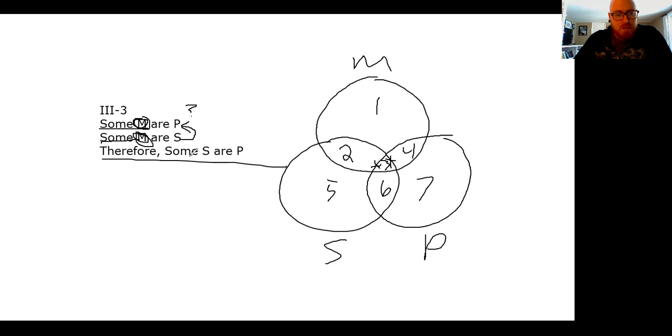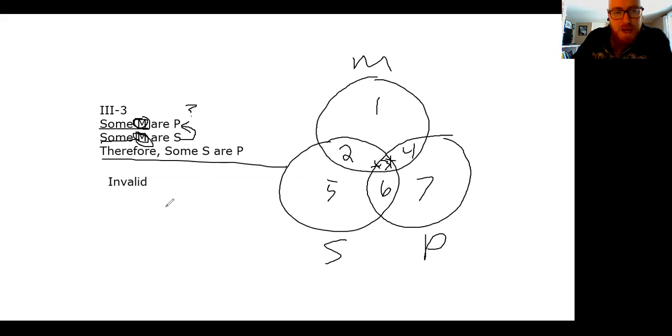So the marking needed for the conclusion does not show up. So it's possible for the premises to be true and the conclusion false. So this means that this argument is invalid. This is an invalid argument.